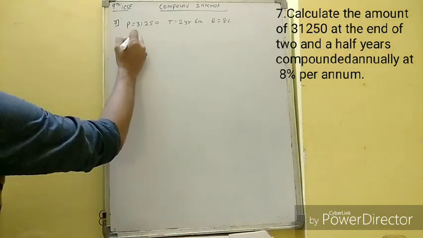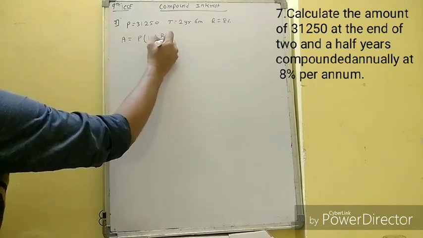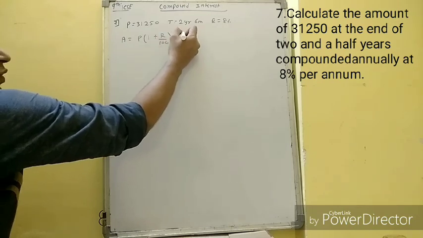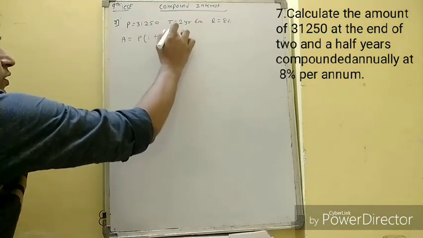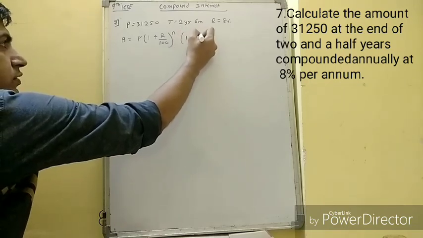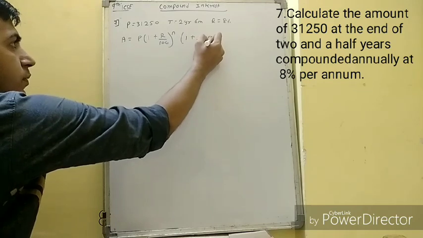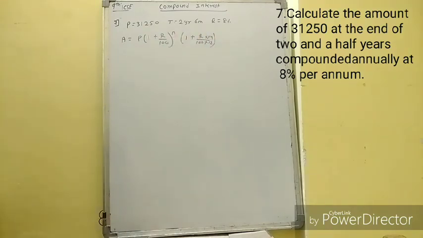So the amount is equal to P into 1 plus R upon 100 raised to n, multiplied by 1 plus R upon 100 times months upon 12, as we have extra months.